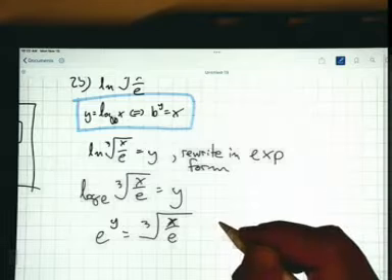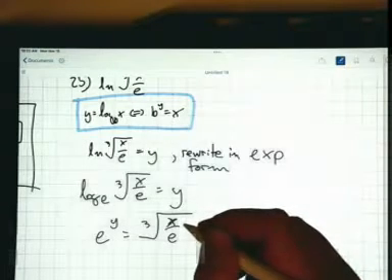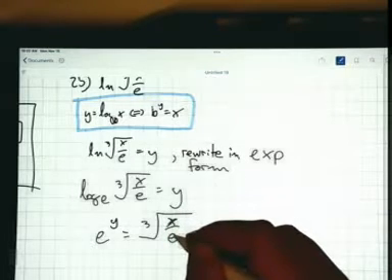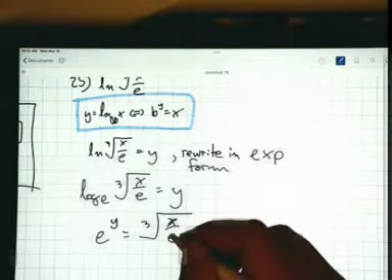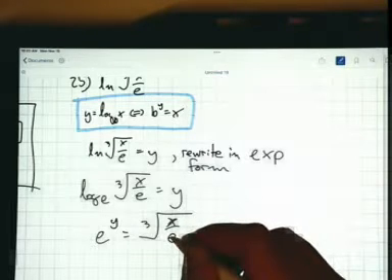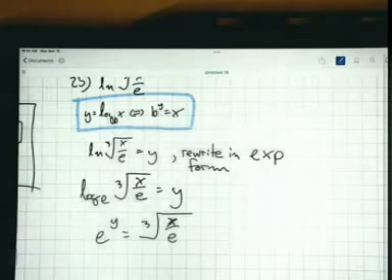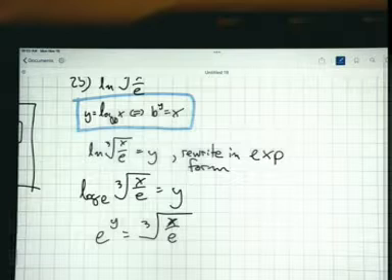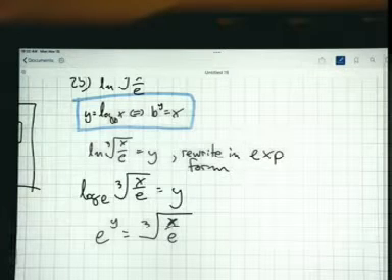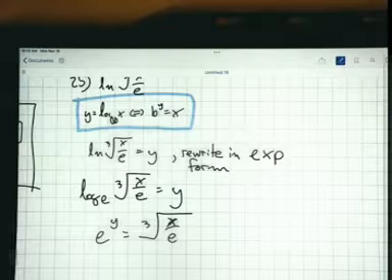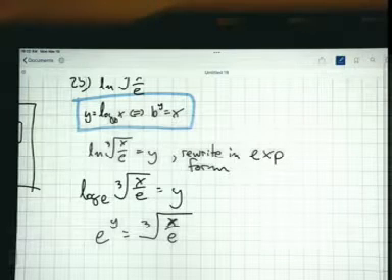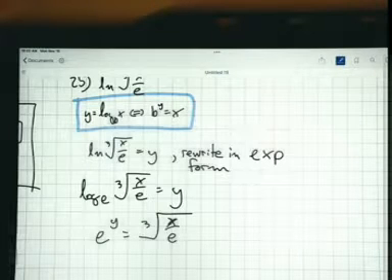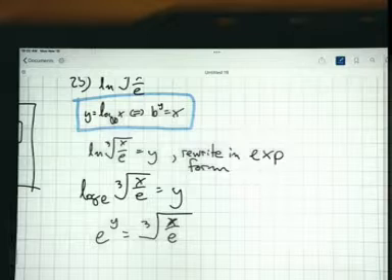Okay, so let's see. Oh, I am sorry. I misread this. I apologize. I thought this was evaluating the logarithmic expression.